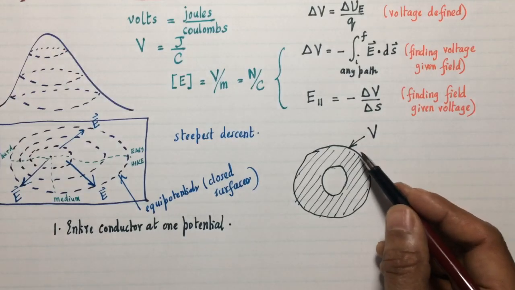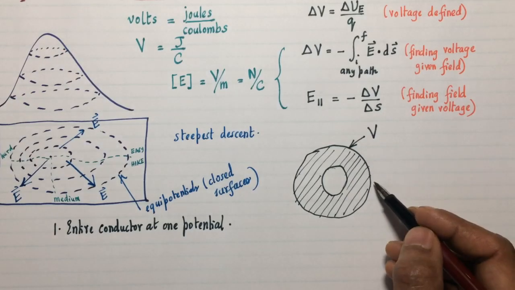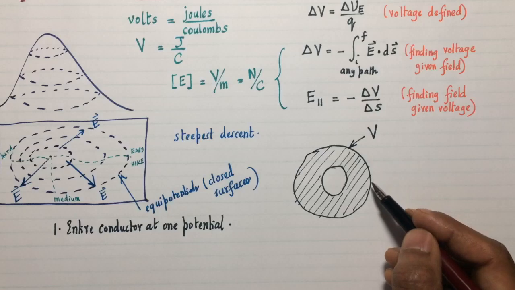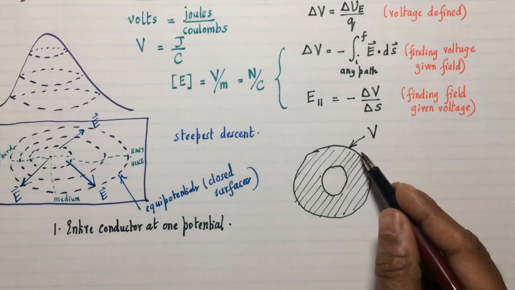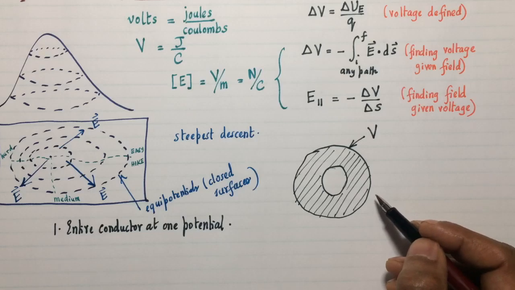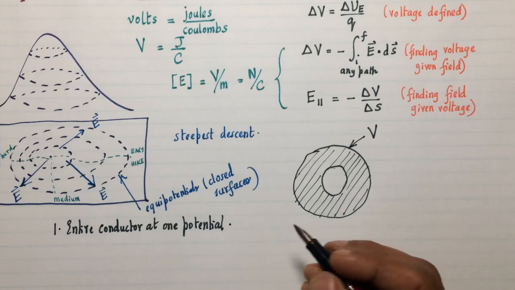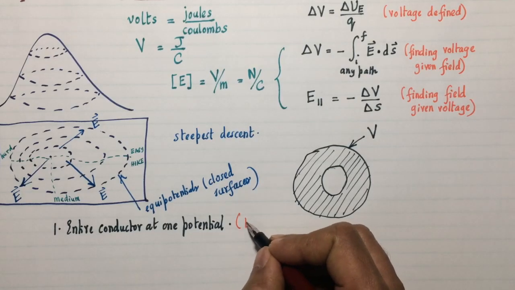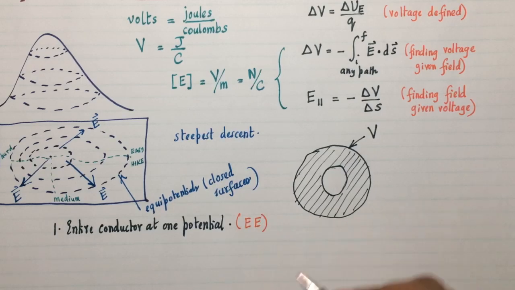So if you have different potential energies on the surface of the conductor, then charge is going to start moving from the higher potential to the lower potential. There's going to be a mass migration of charges, and that will lead to a violation of electrostatic equilibrium. So the electrostatic equilibrium assumption rules out any such movement, and so we are forced to conclude that the entire surface must be at one potential.